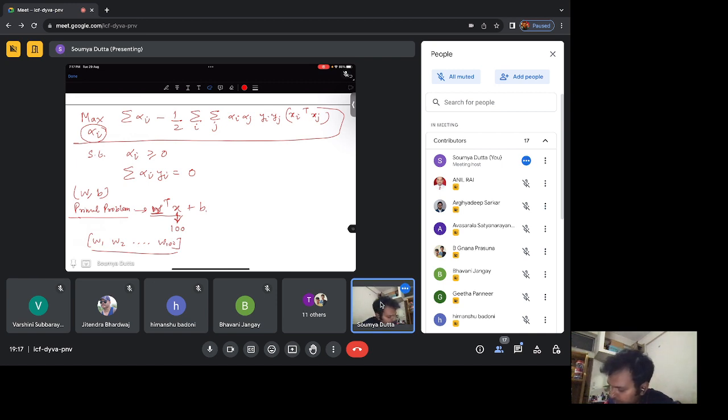But here what you see is that it depends on the number of data points, because alpha i multiplied your constraints, and your constraints were defined for each data point. So the number of variables here would be n, which is the number of examples. And here it will be the number of dimensions.